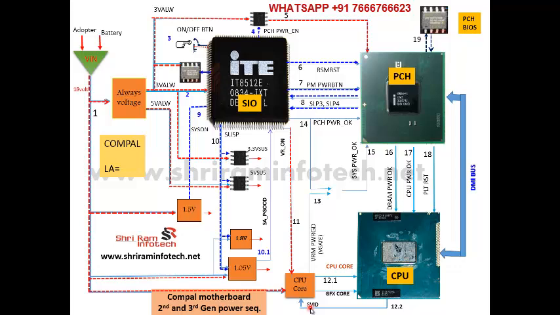This is called the serial voltage identification signal, a two-wire communication protocol like SM bus, where the CPU communicates with the VRM section, the VRM chips, and gives an acknowledgement of the power it got. If it got less or more current, it acknowledges the VRM section and asks for more, something like that. So this is called the VID signal.